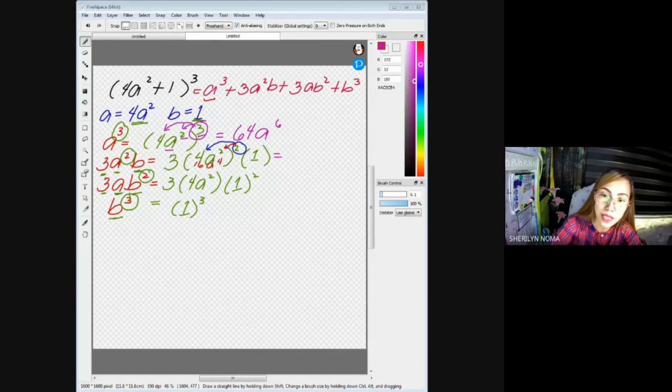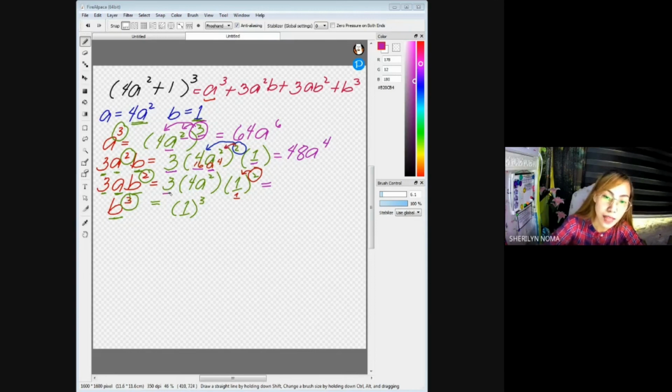Okay? So, next, let's multiply. 3 times 16 times 1. Of course, 48 still, right? Okay, 48. And then, the variable, that is a raised to 4. Okay? Next. This one. Of course, the ones with exponents first. So, the exponent first. So, 1 squared, that is still 1, right? Same still.